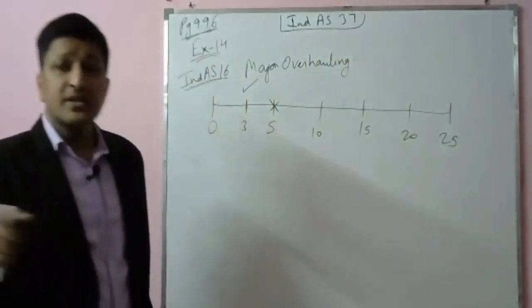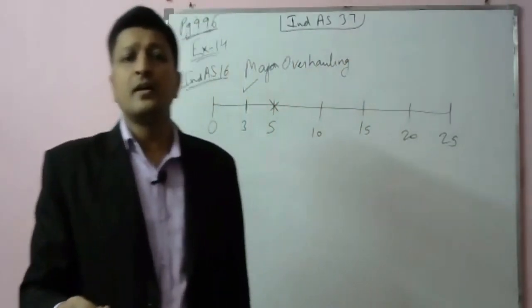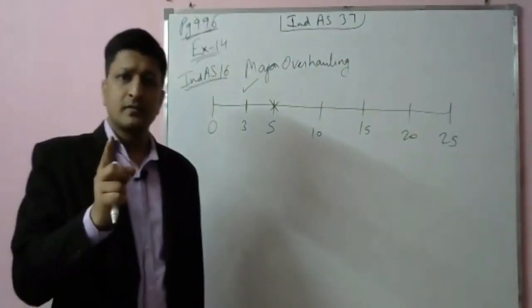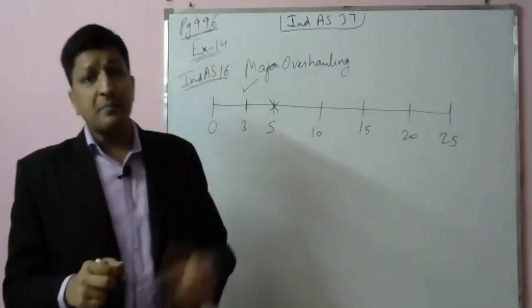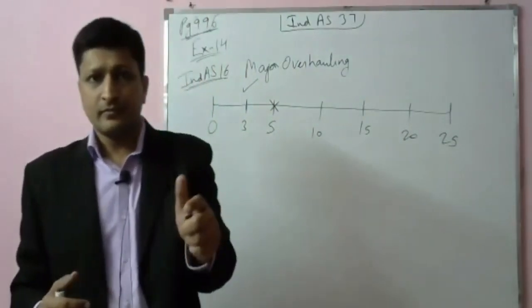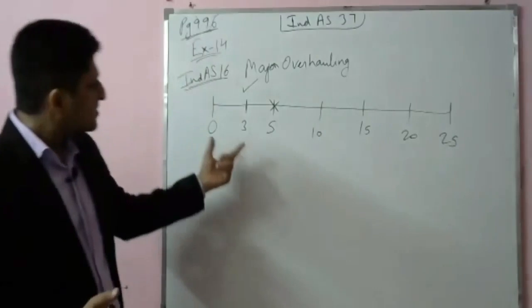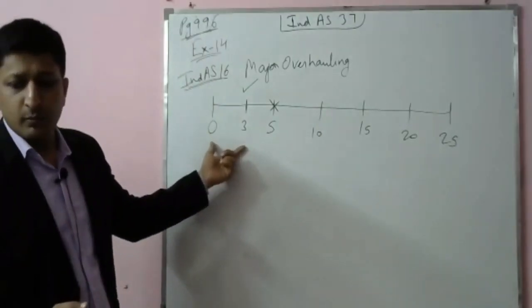If there is a major overhauling, that needs to be capitalized along with the cost of the PPE. And that major overhauling will have its own independent life, similar to a component. So this is nothing but the same example of that component.